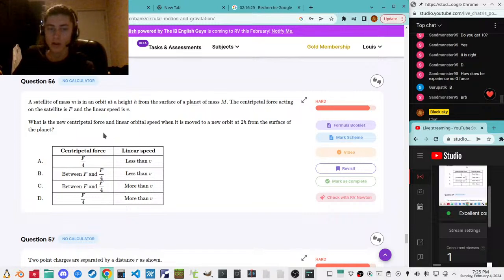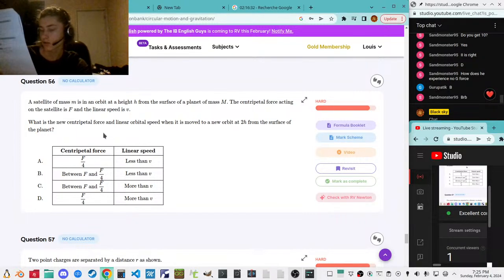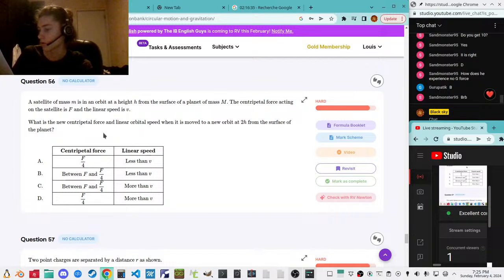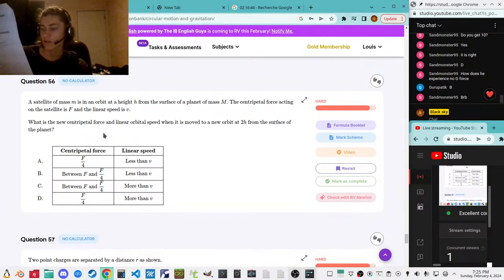Linear speed should be, I remember getting this wrong, but if you increase F equals ma, so that has nothing to do with it. If you increase r for a constant, what's constant though? M is constant. So if you increase r, you're going to have a smaller g.